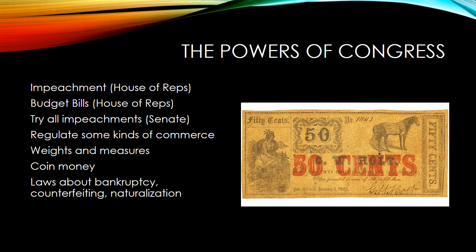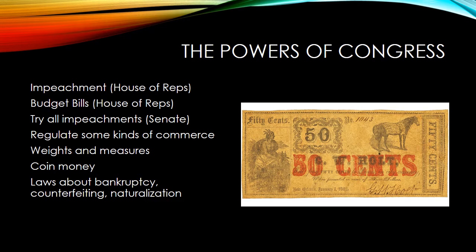So what are the responsibilities and rights and powers that both houses of the legislature have? Well, the House of Representatives, as you guys probably remember, has the right to impeach or to bring charges against the president for high crimes and misdemeanors. But the Senate is in charge of then taking those charges and having a trial and deciding whether or not to convict and remove from office.